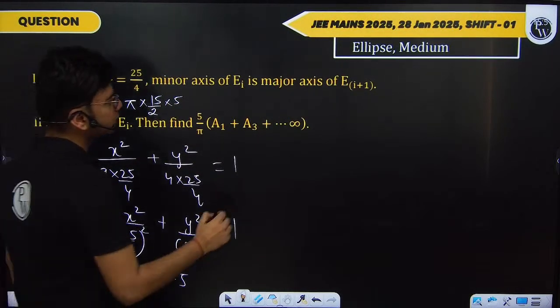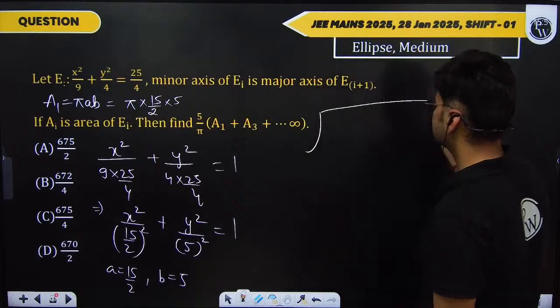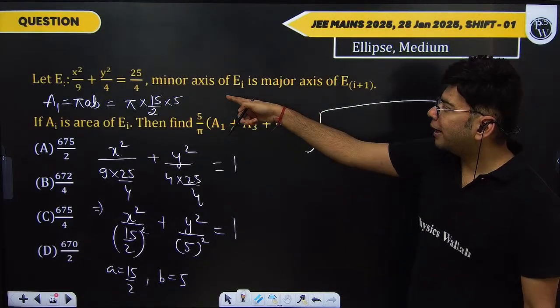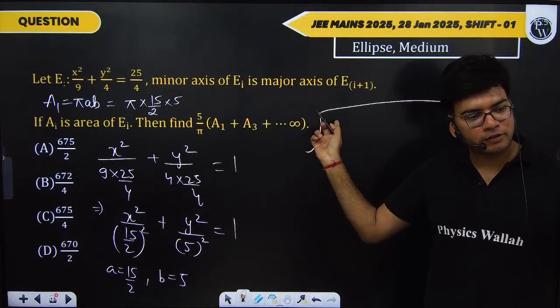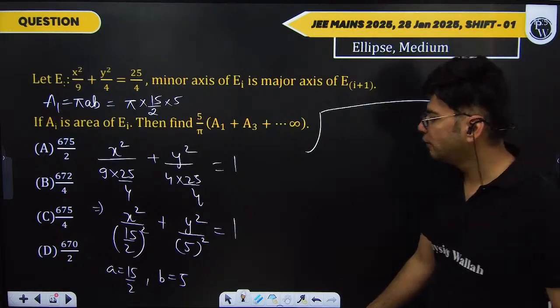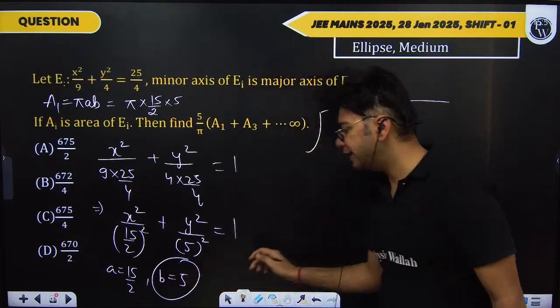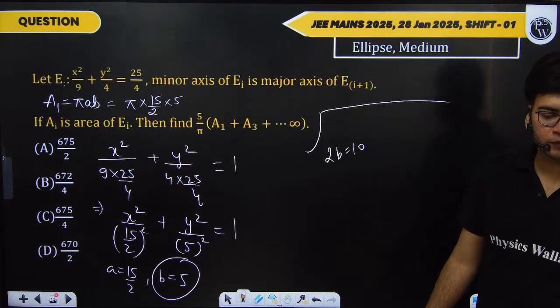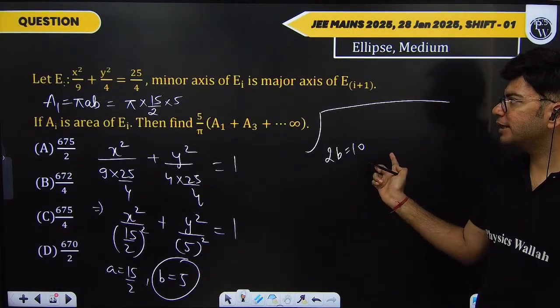Problem comes now. Minor axis of E1 is major axis of E2 as per the question. So minor axis length will be 10, 2b is equal to 10. This will become major axis of E2.